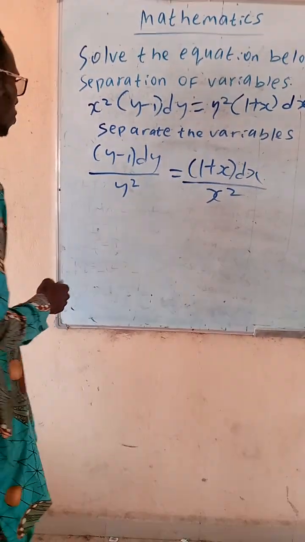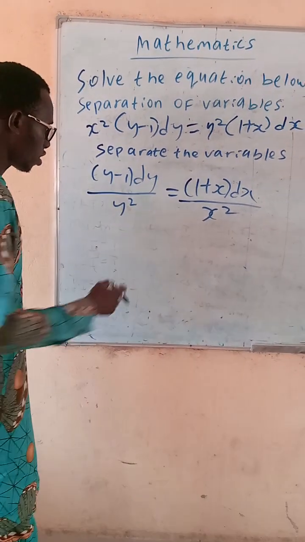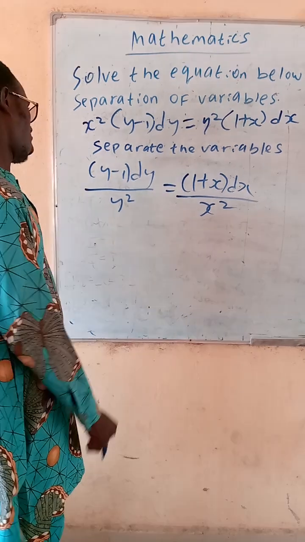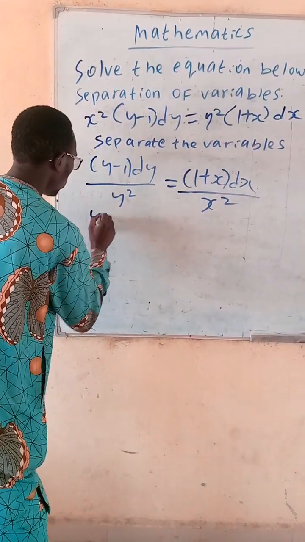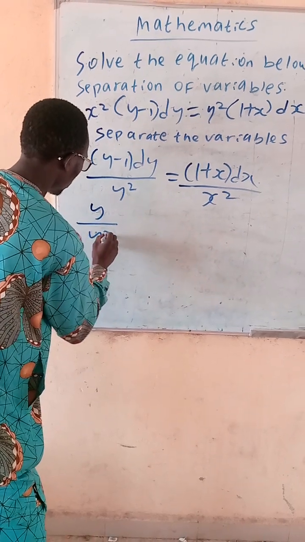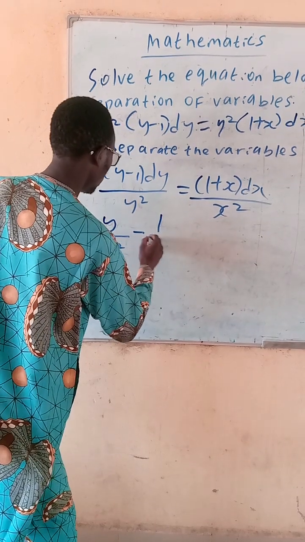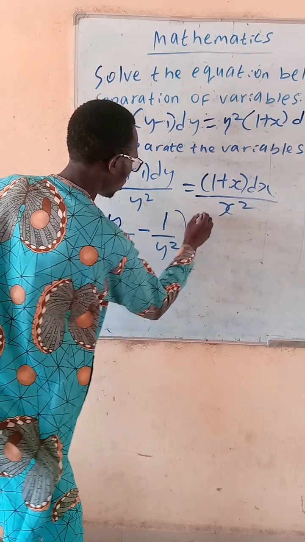Let me break it down further so that you understand better. From this point, we have y divided by y squared minus 1 divided by y squared, dy.